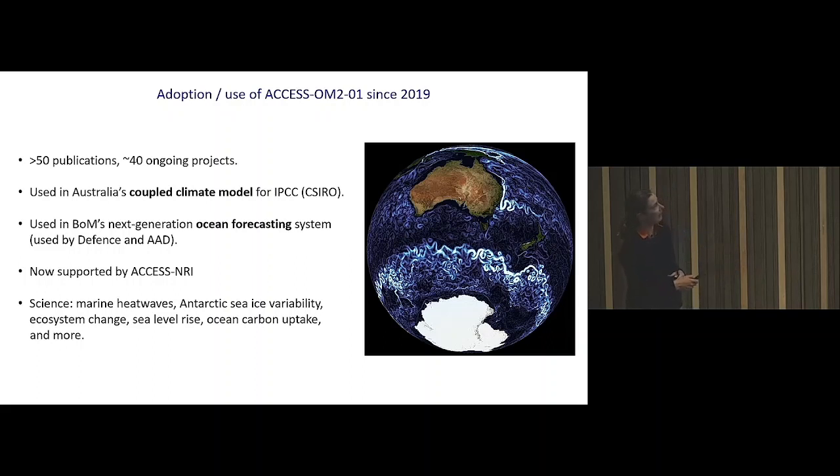It's also been taken up by CSIRO to submit to be part of the coupled climate model for IPCC. It's being used by the Bureau of Meteorology for their ocean forecasting system. It's now being supported by ACCESS-NRI, which is a new national research infrastructure to develop climate models in Australia, and a whole heap of science.